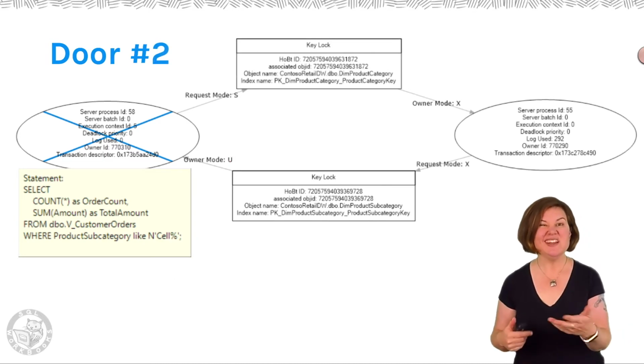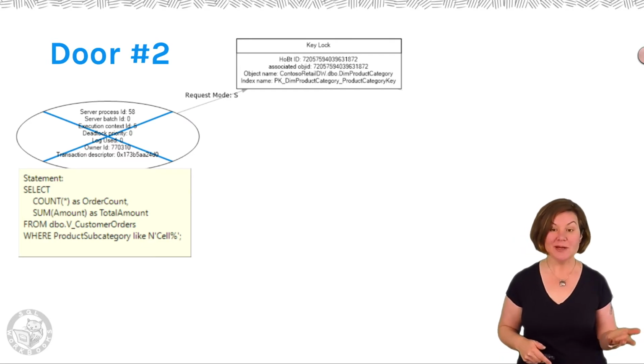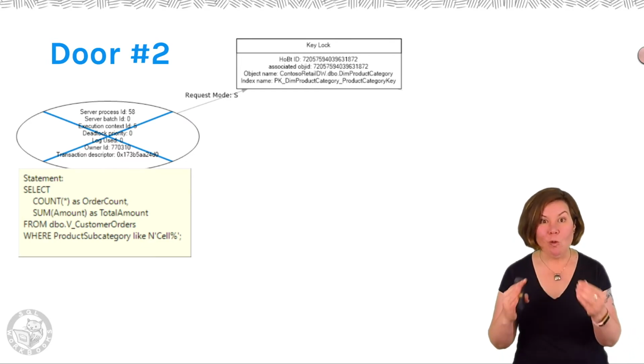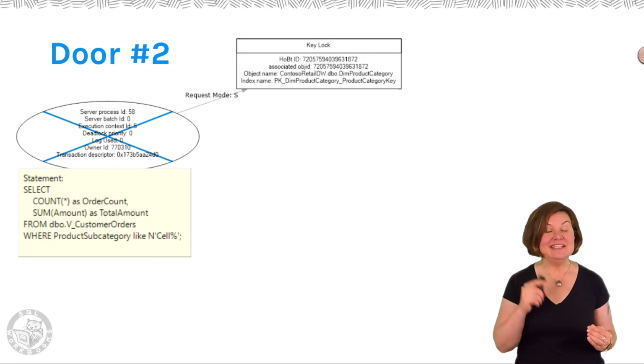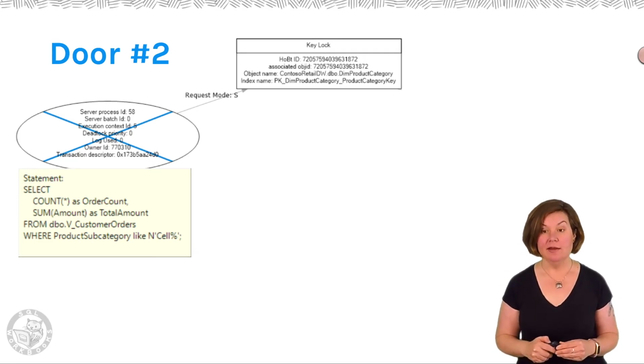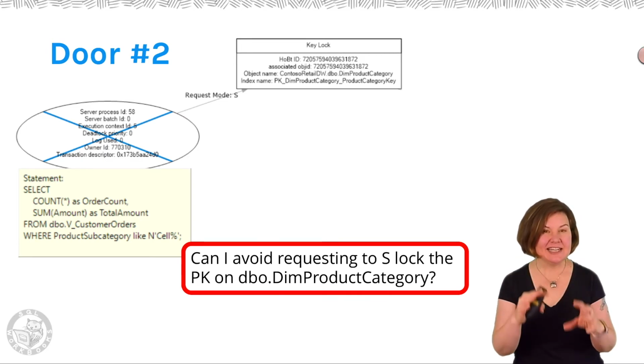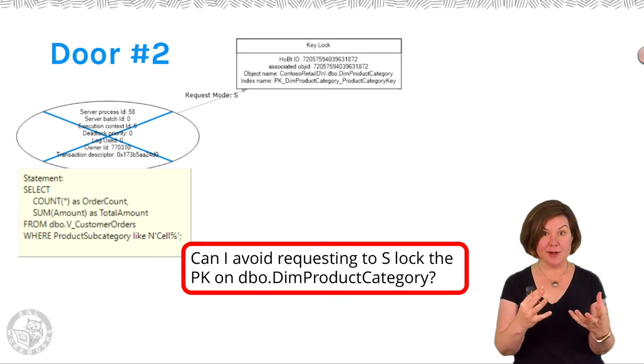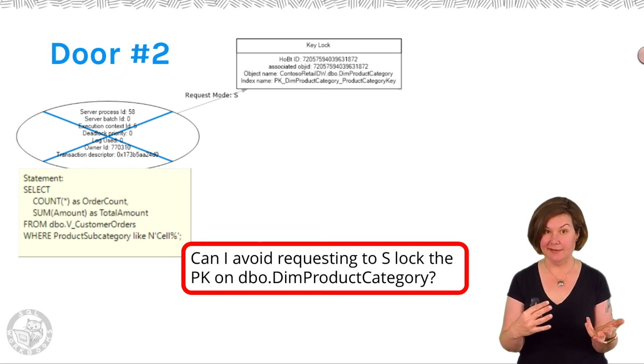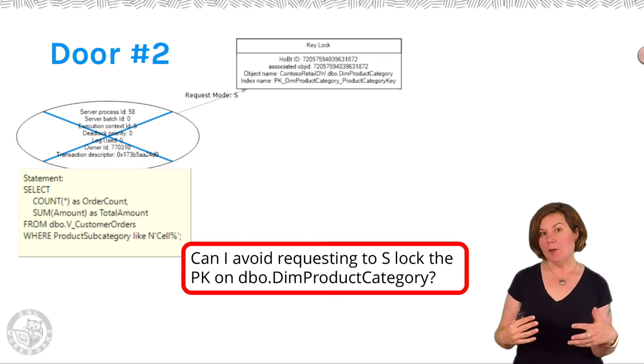All right, well, sticking with our select query who's doing the reading, it is requesting a lock on dim product category. Is there a way that I could make it so it doesn't need to have that lock on the primary key, the clustered primary key in this case, of the table?